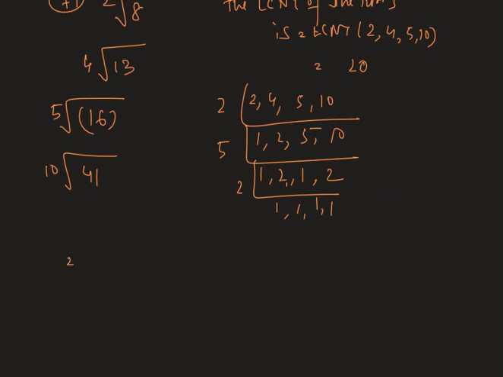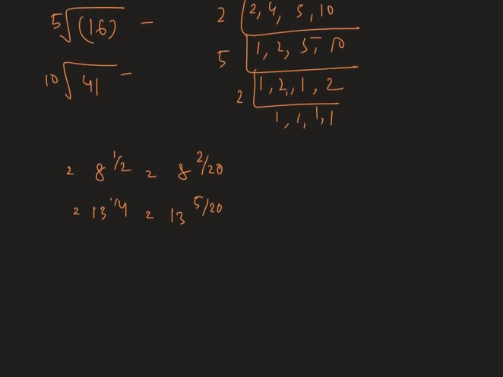Now these terms can also be written as 8 to the power 1 by 2, which can be written as 8 to the power 10 by 20. 13 to the power 1 by 4 can be written as 13 to the power 5 by 20. 16 to the power 1 by 5 can be written as 16 to the power 4 by 20.